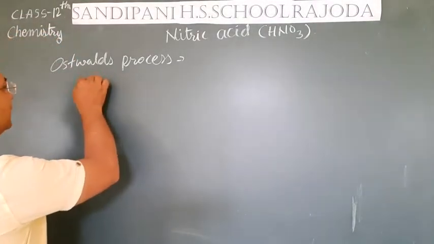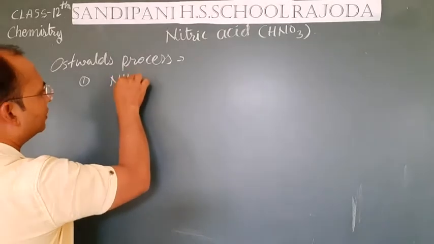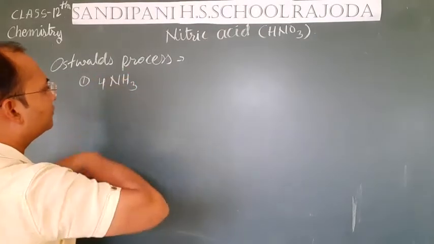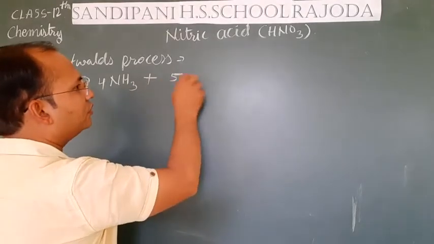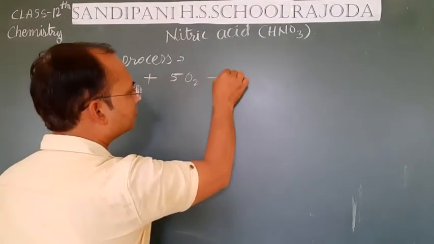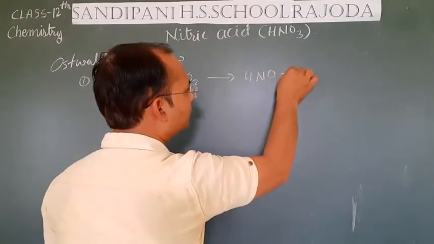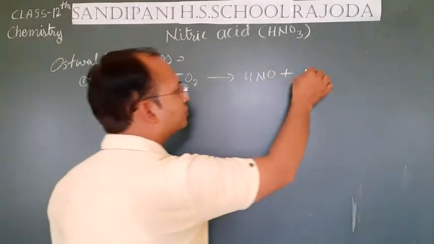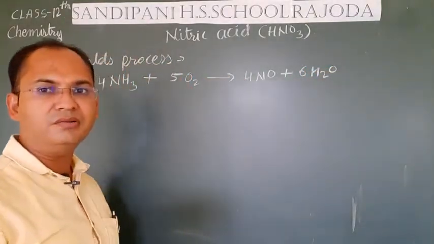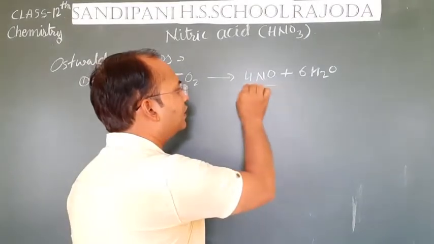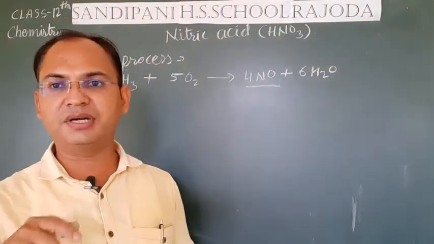The very first reaction of the Ostwald process starts with ammonia NH3, 4 molecules of NH3 combine with 5 molecules of oxygen to form 4 molecules of nitrogen oxide along with the formation of 6 molecules of H2O.